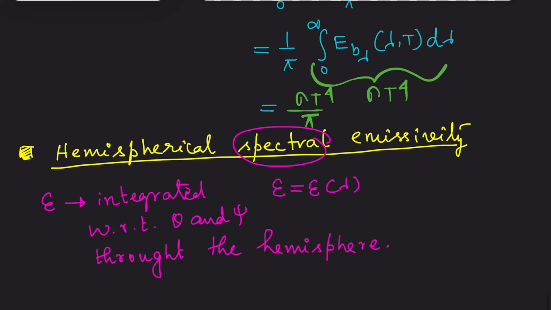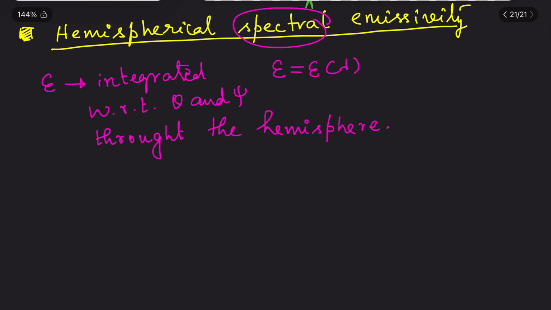Hemisphere. Now I have already asked you this question, that why hemisphere and not sphere. The answer is, if you think of a surface, then for this surface there is nothing in this direction, okay, if it is a solid, because for solid radiation is dominantly a surface phenomenon. Then if I consider my range of direction, then if I draw this, my range of direction will vary from this to this, or this to this, like this, okay.